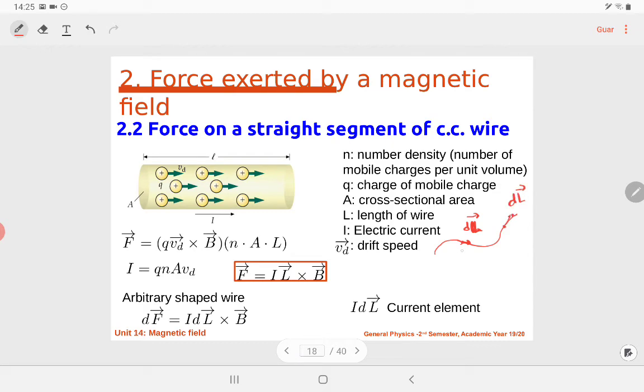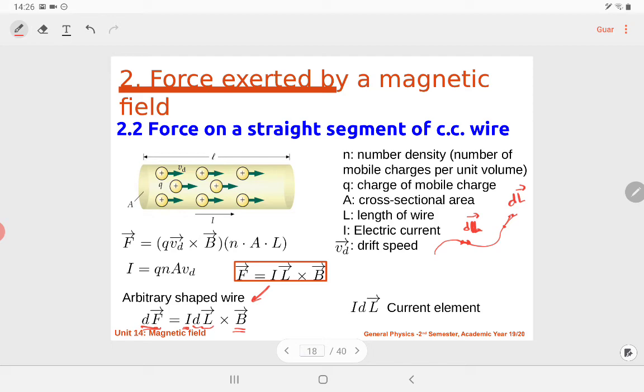So what we can do is calculate the force at each point, which would be provided by differential of F. Okay, so differential of F is going to be the force exerted on this little piece of wire, and it's going to be given by the whole current times the differential of length of this little piece of wire, with the vectorial cross product with the magnetic field.